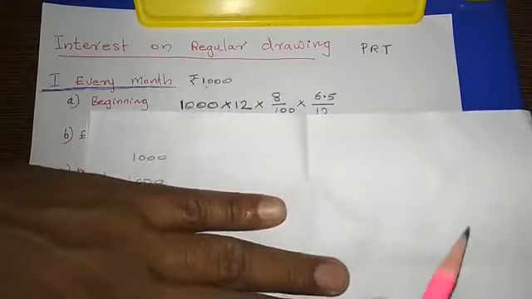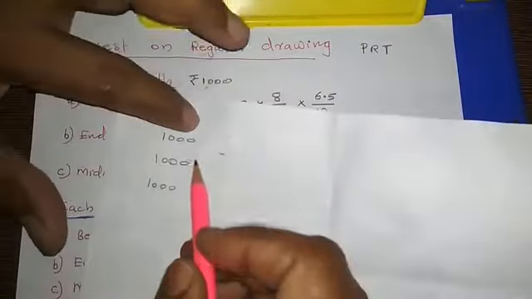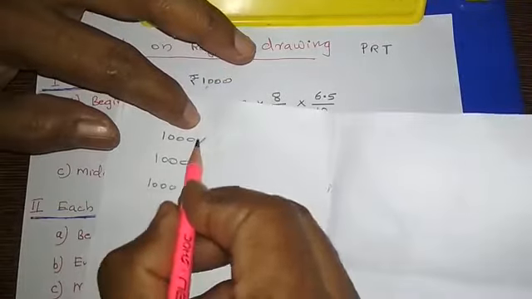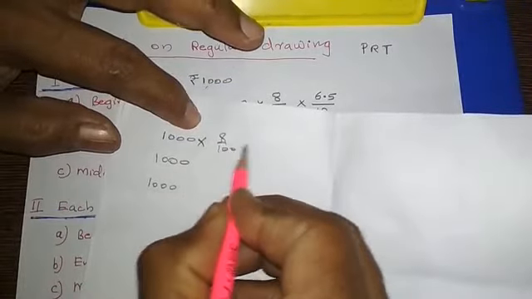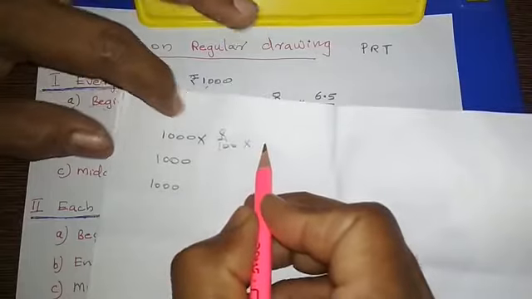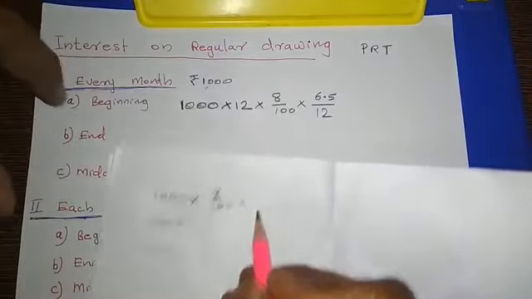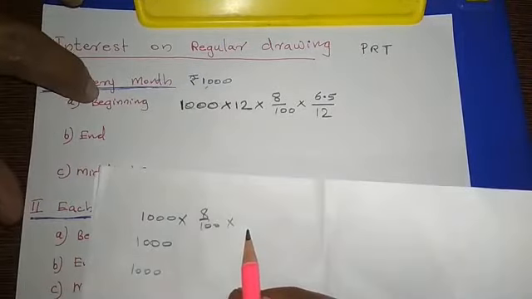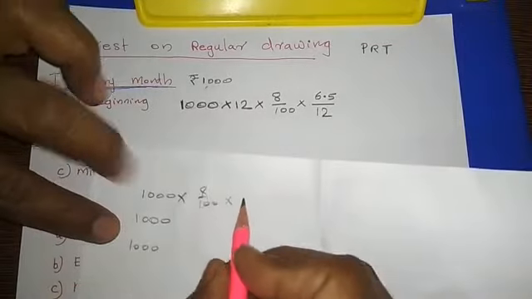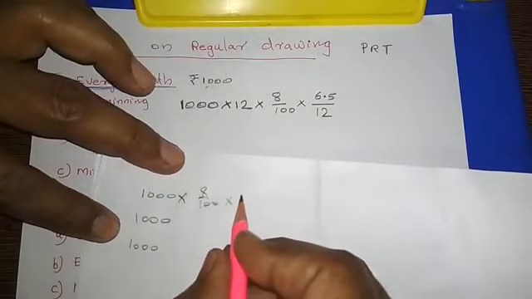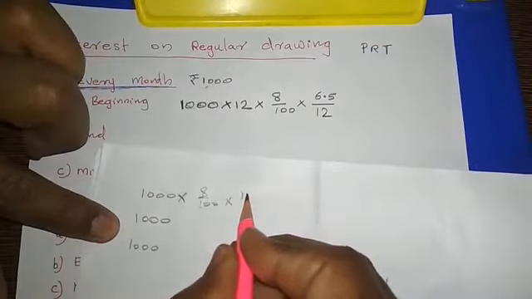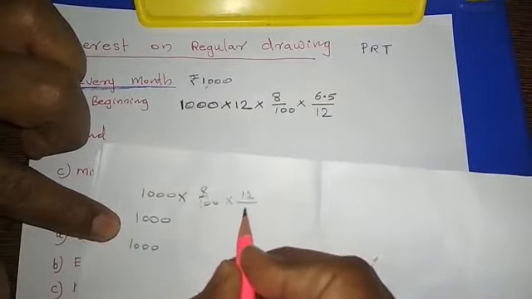Then how will it be? The first drawing he made, 1000 is the amount, then 1000 into 8 upon 100, then into, the first drawing is made at the beginning of the month, so how many months remain? 12 months remain, because he withdrew at the beginning itself, so 12 upon 12.